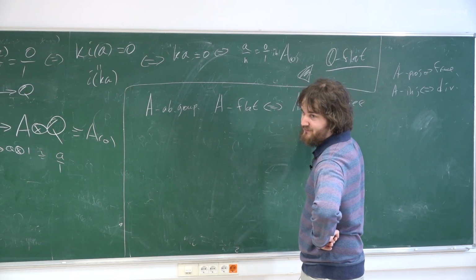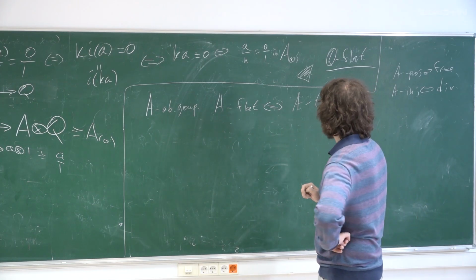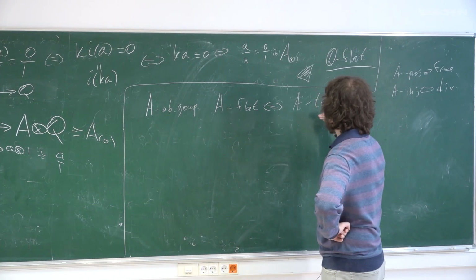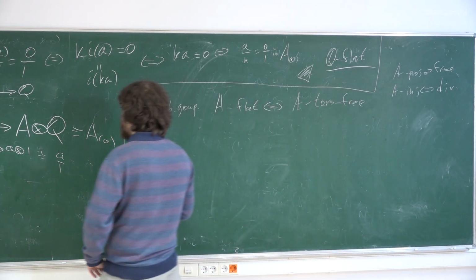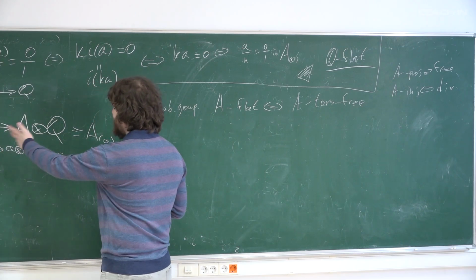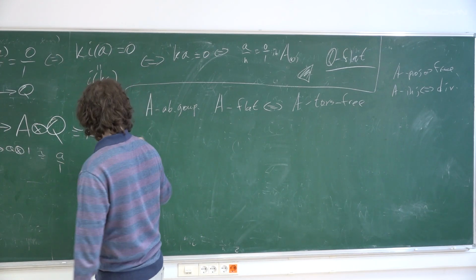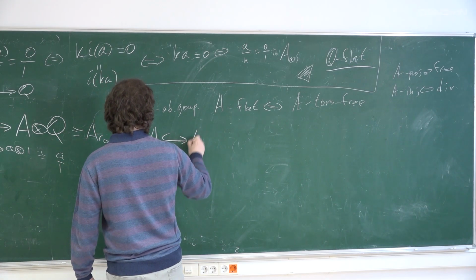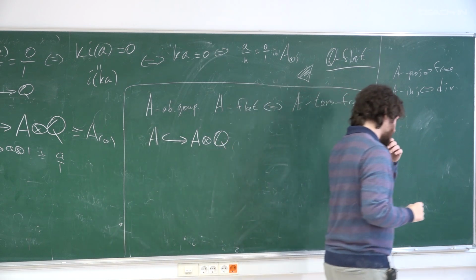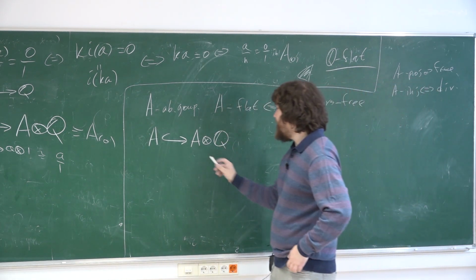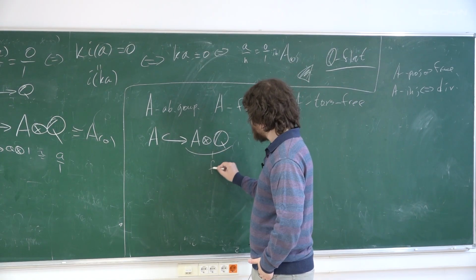It's always true for any ring without zero divisors in general. So we only need to check this direction. If it's torsion-free, then it's flat. If it's torsion-free, then we see that A embeds into its rationalization. We have an inclusion A to A tensor Q. A tensor Q is flat. Why?